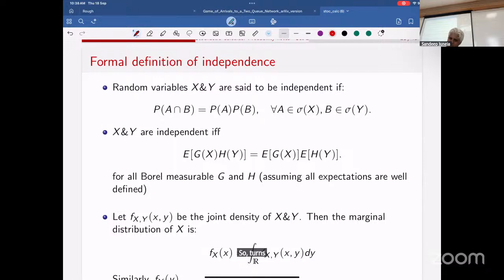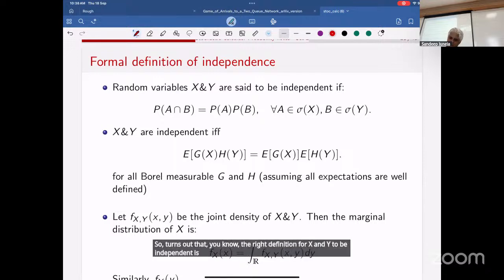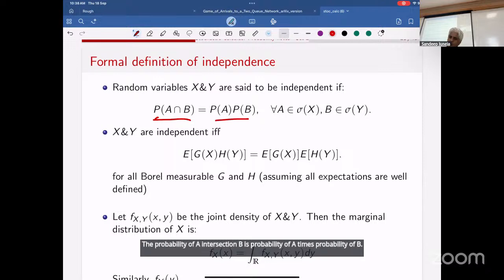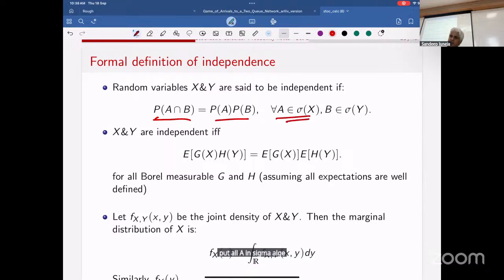It turns out that the right definition for X and Y to be independent is that the probability of A intersection B is the probability of A times the probability of B, for all A in sigma algebra of X and all B in sigma algebra of Y. That's how we say two random variables are independent. Essentially, we are saying that the two sigma algebras are independent: sigma X is independent of sigma Y.